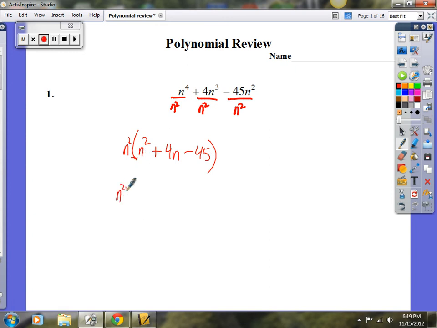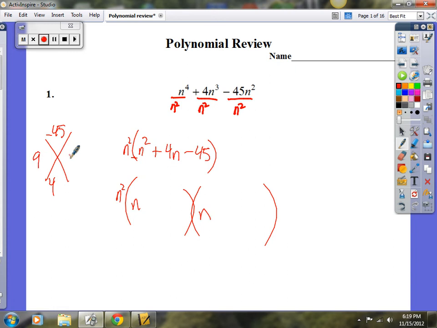So we're going to go n squared, and what numbers multiply and give you a minus 45, but add and give you 4? So we're going to put an n here and an n here, because that's going to give us our n squared. And what multiplies and gives you minus 45, adds and gives you a 4?